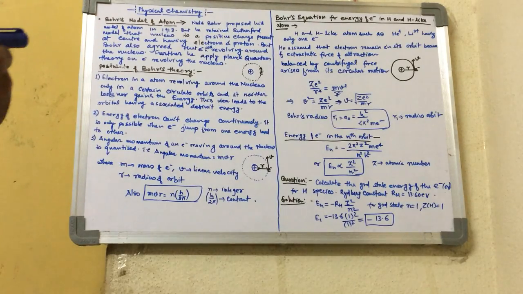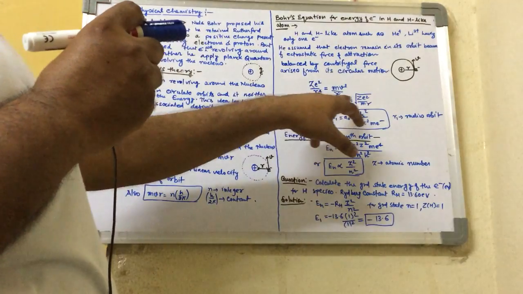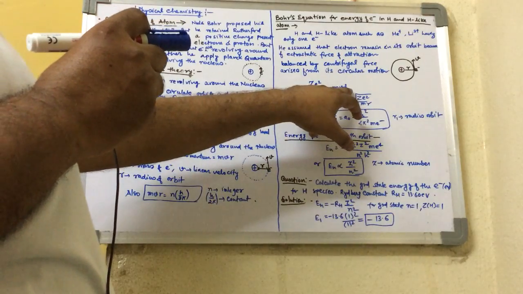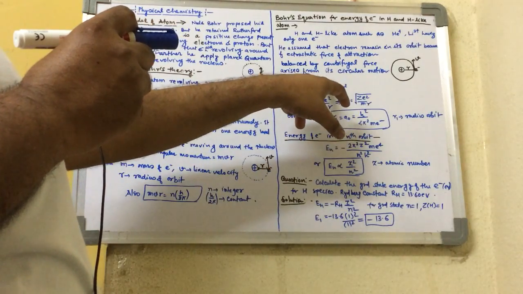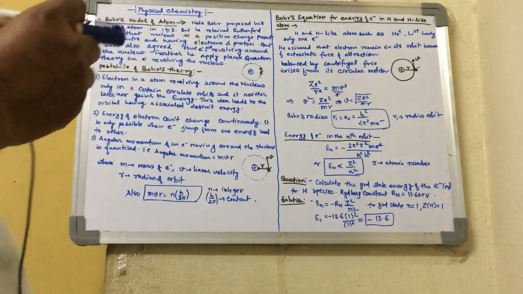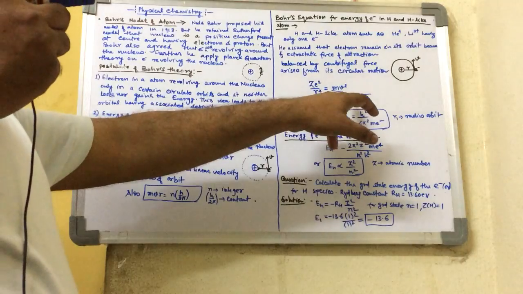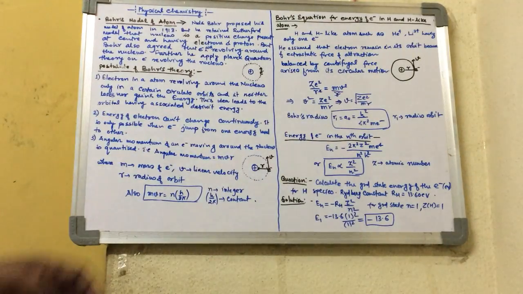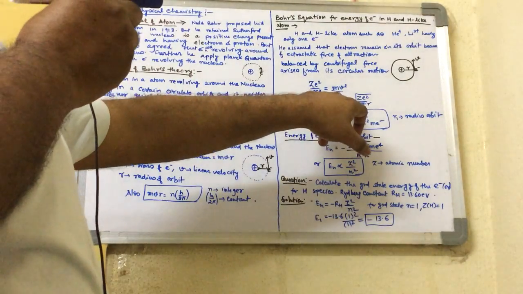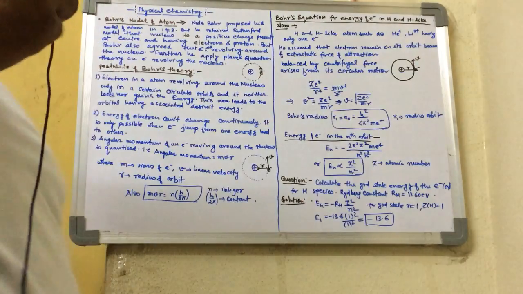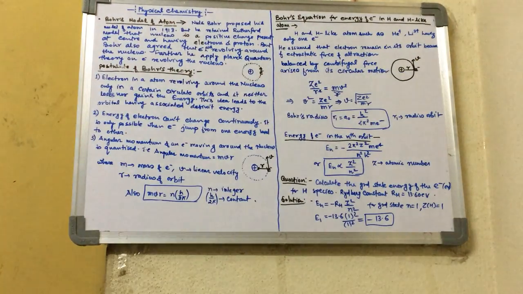So we will get v square is equal to Z e square upon m r. So you will get the velocity v, the velocity with which the electron is moving in a circular orbit.